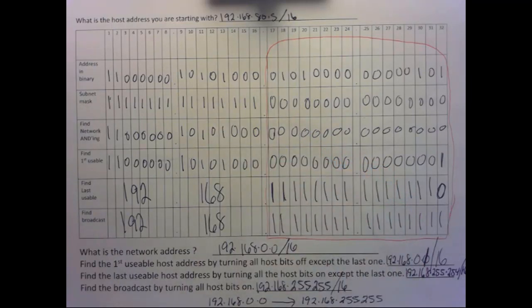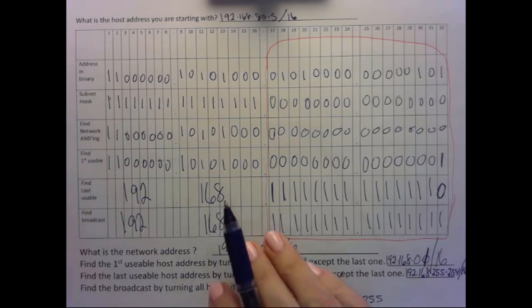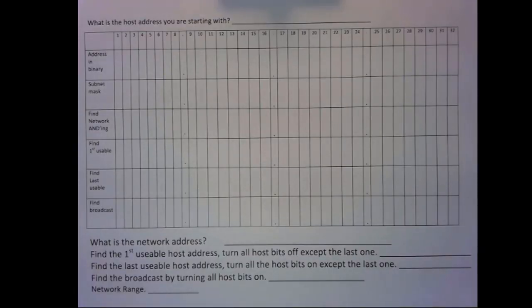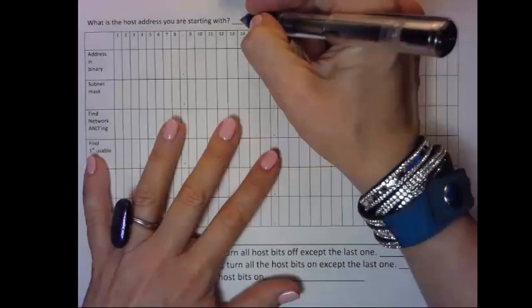But when we have a classless address like a 28 or a 27 or a 23, then it's going to be a different broadcast address. So let's do one of those examples, okay? I'm going to continue with a new example, except we're going to do an example with a classless subnet mask. That way we can see how it affects the first and the last and the broadcast address.